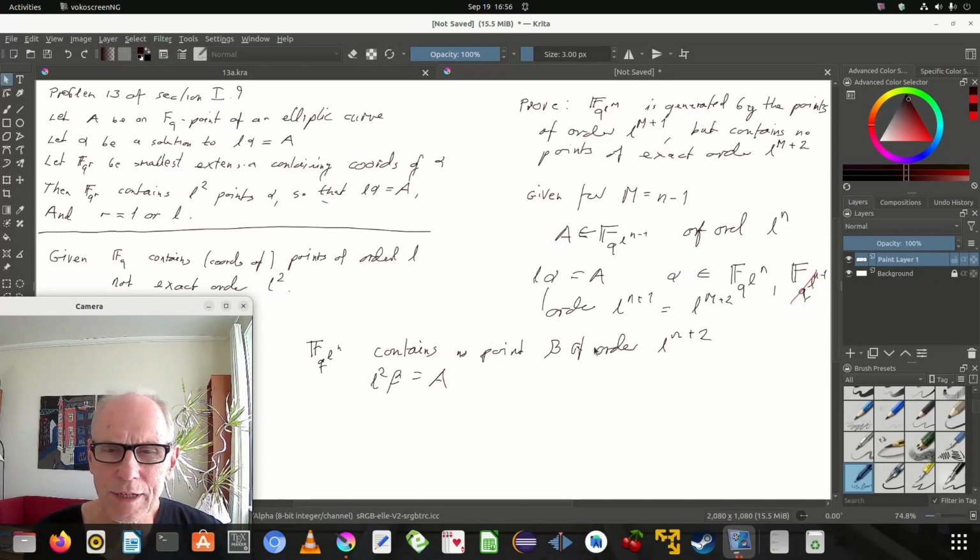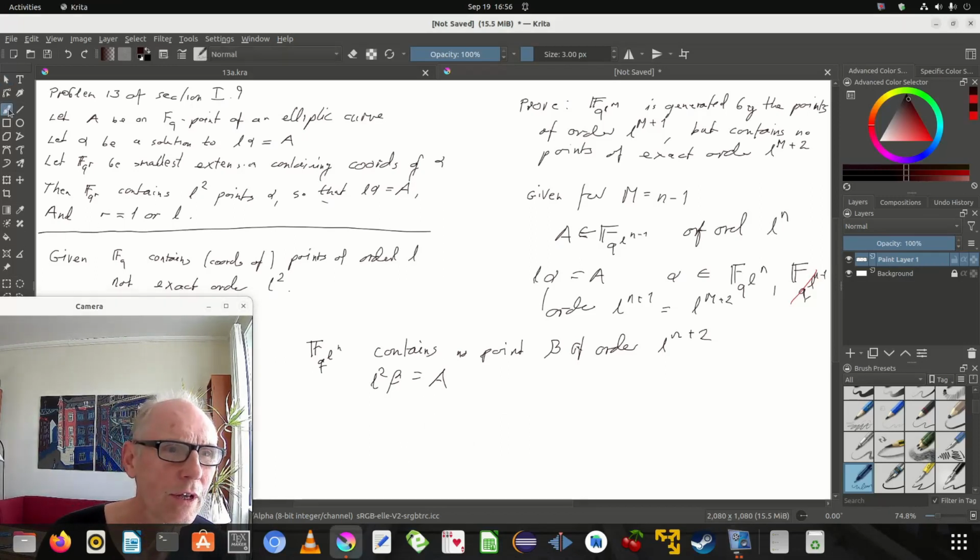And since it can't be Q to L squared, then it must be the same space.